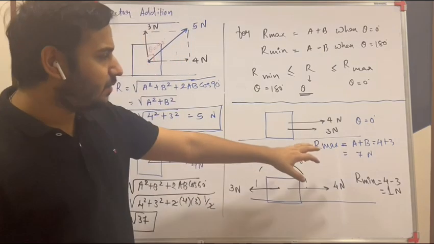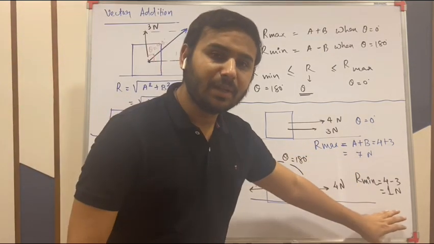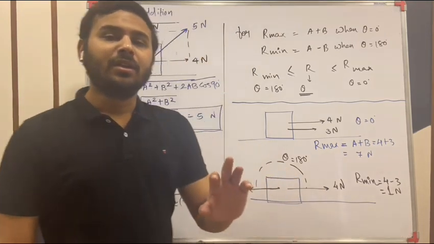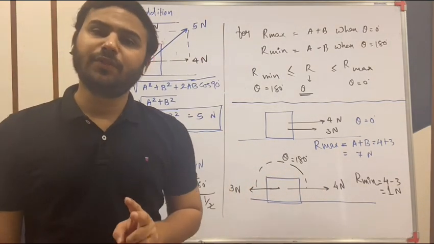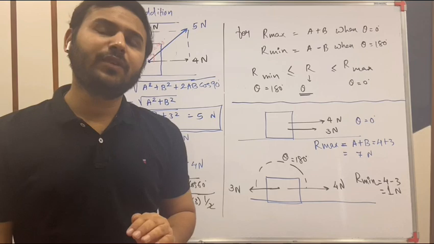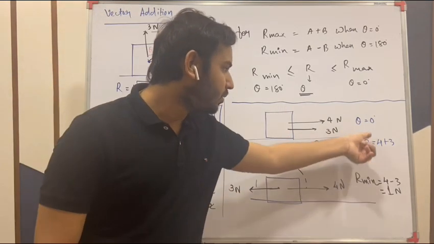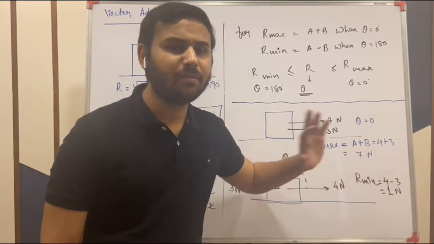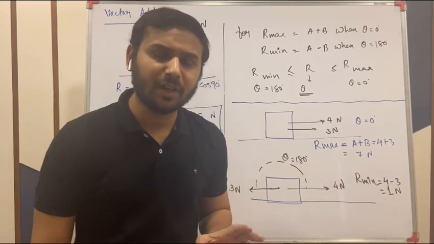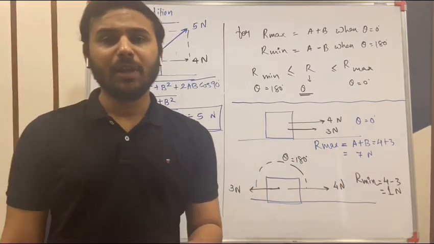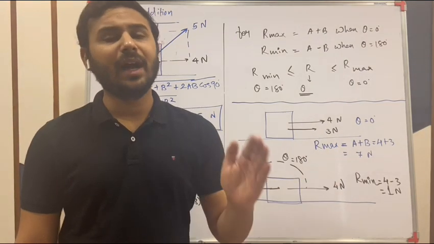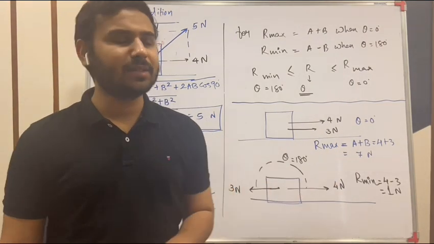The maximum possible value is 7 and the minimum possible value is 1. For the combination of these two forces, the range of the resultant force could be 1 to 7, minimum to maximum. Any other theta gives a value between 1 and 7.